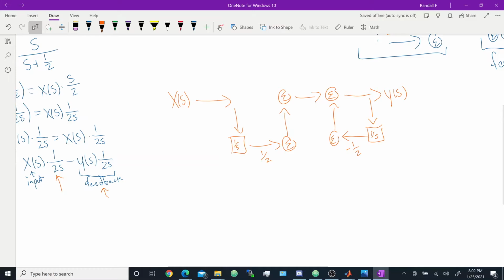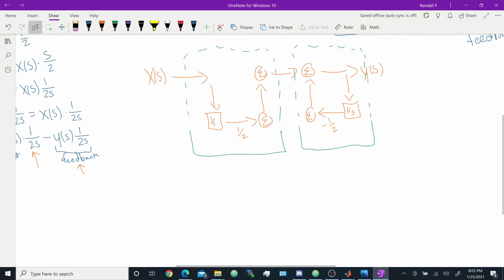You could do another way of simplifying it. You could look at this and kind of see a difference. So there's this side and this side, right? Well, what if I told you you can move things around? What if I told you you only need one integrator?